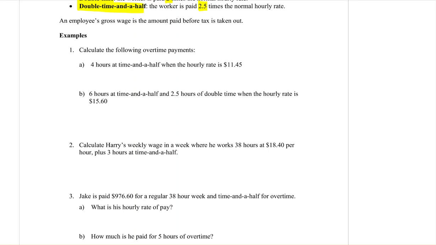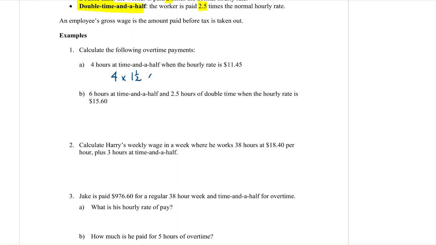So first of all, number 1, A, we have 4 hours of overtime at time and a half when the hourly rate is $11.45. So you times the numbers together. I do 4 hours and the time and a half means 1.5. It's just a habit for me to write 1.5, but it actually is faster to write 1.5 into your calculator.